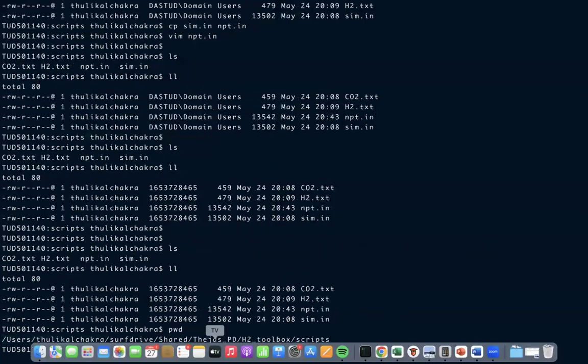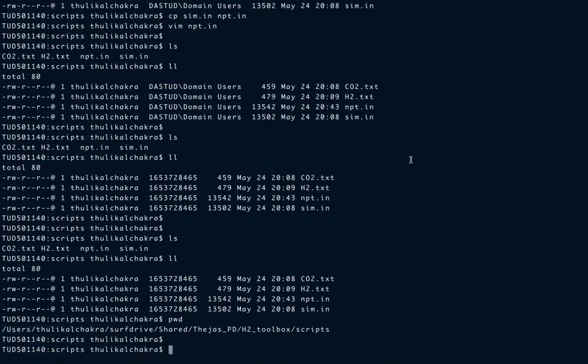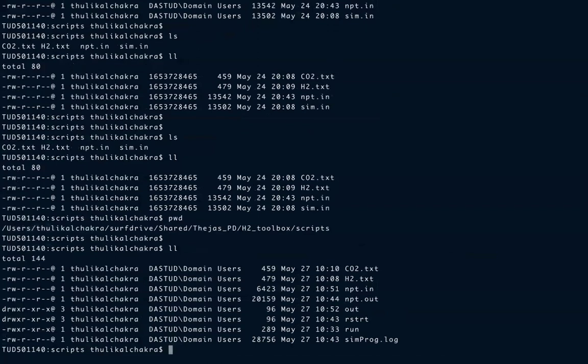Now, you're in the folder where we have all the input scripts required to interface with the LAMMPS software. The most important thing while running a LAMMPS program is the input script.